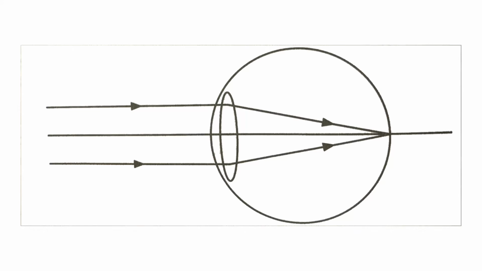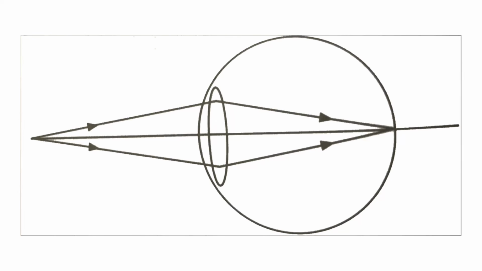In faraway objects, the rays are parallel. They get refracted through the lens and converge onto the retina, making an image on it. It means in the fovea, the image is formed by converging the light rays.